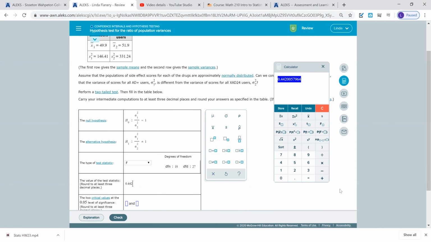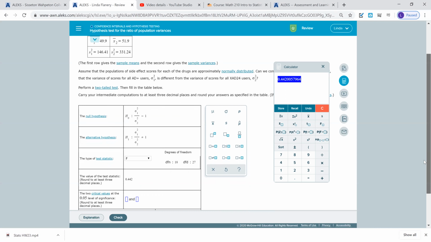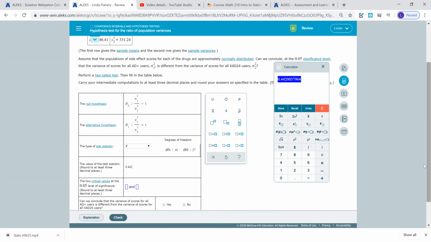Now, here's the part that's a little bit different than what we normally do, finding our critical values. Since it's a two-tailed test, the first thing I have to do is take my level of significance, 0.05, and divide it by 2. And so I'm going to use 0.025, and I am going to do the left-tailed and the right-tailed. So for the left-tailed, I have to do the 1 minus.